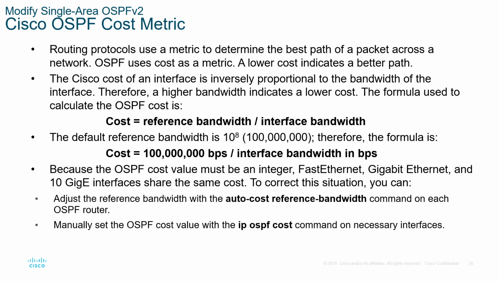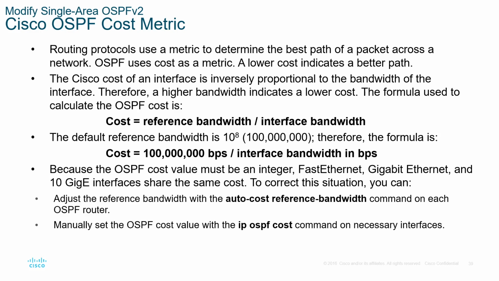And then you have a Fast Ethernet interface with the same cost as a gigabit interface. That's not good, is it? Which is terrible. Very bad. Because then the cost is the same.